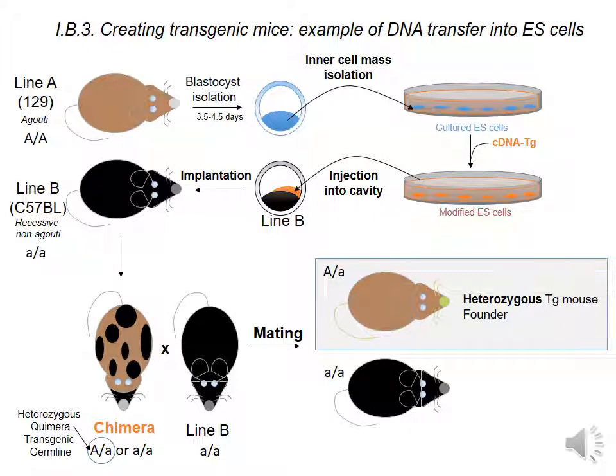Then the resulting heterozygous mice are intercrossed to obtain homozygous mutant mice, usually at a 25% frequency if the mutation is not detrimental to embryo survival and development. And this technology has become the most popular method of generating transgenic mice, since it has a higher rate of generation than the previous method that we just described.